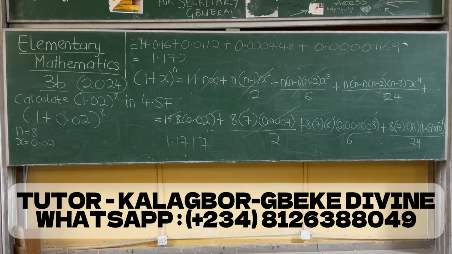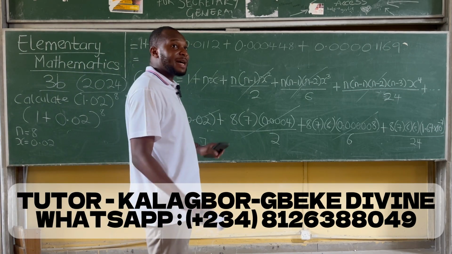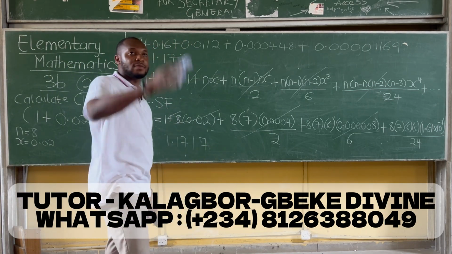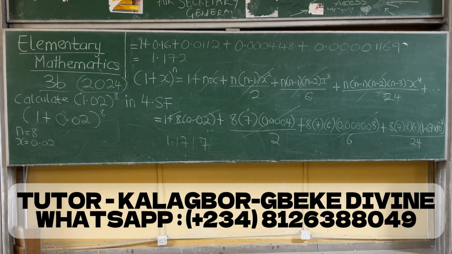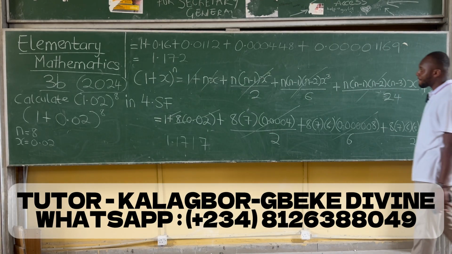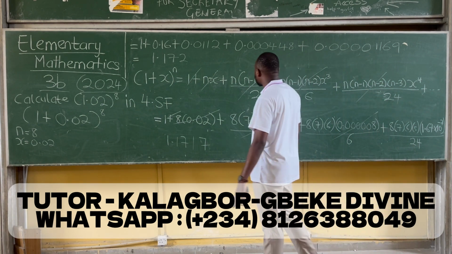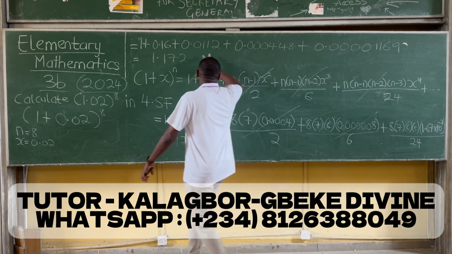Partial fraction 3a. Question 3a. As simple as the question can look, this is how simple it is. Okay, where exactly you're supposed to stop? Now look at this now.